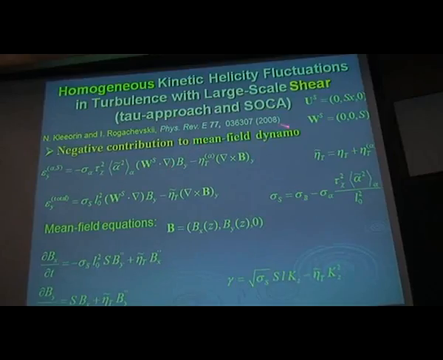What we found using two approaches is that there is a negative contribution to the mean field dynamo. If there is some mechanism which can generate magnetic field, then these homogeneous kinetic helicity fluctuations cause a decrease of the growth rate. This result is in disagreement with the result by Mike. In principle, this result can be obtained using Sokoloff's approach in several minutes. Maybe in the discussion I will present this result. Okay, now let us continue.